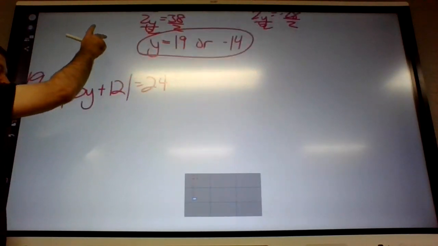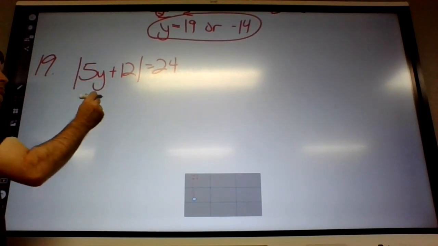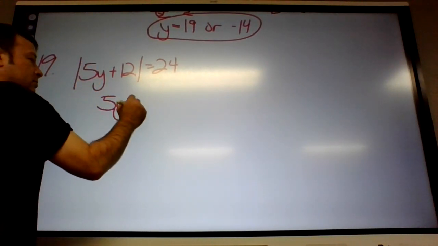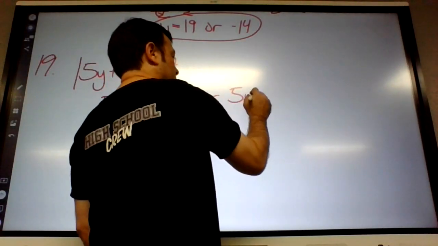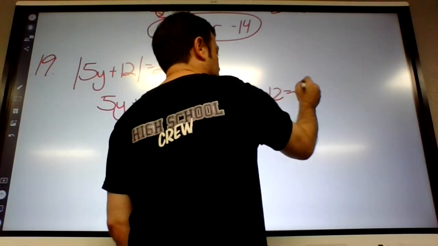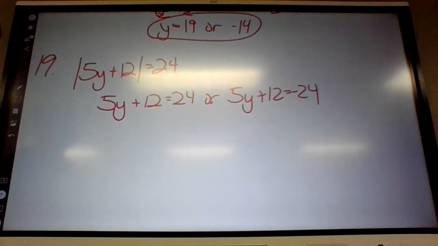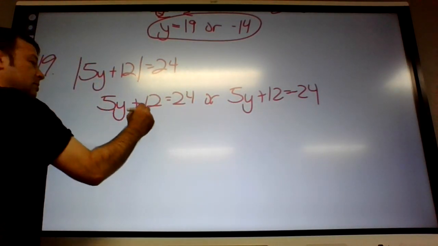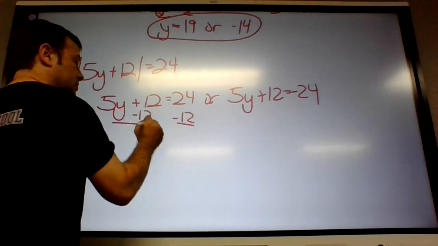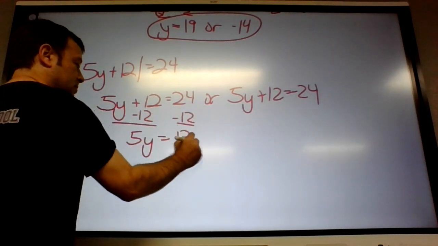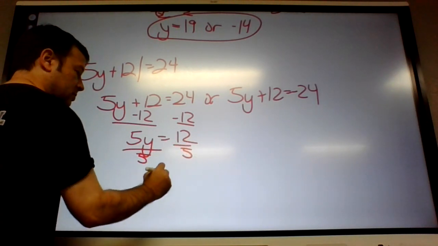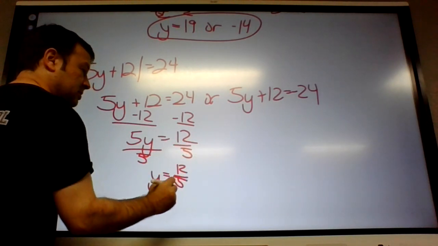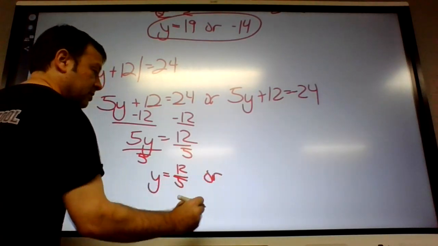Yeah. Alright, so what should I write on this one? 5y plus 12 equals 24. 5y equals 12. Okay, then you do normal stuff after that. I'll just leave it as 12/5.